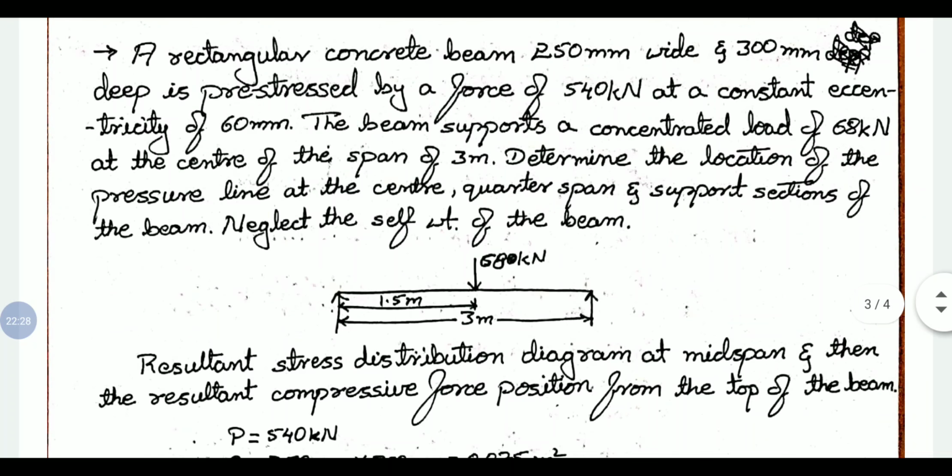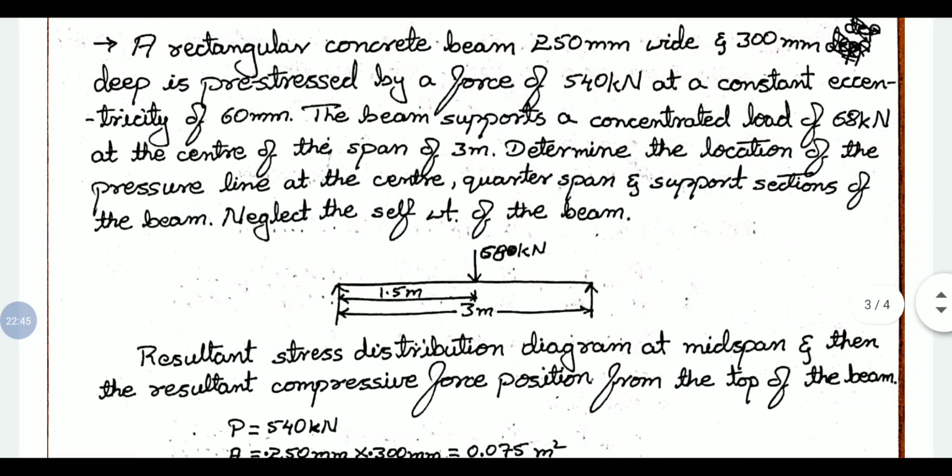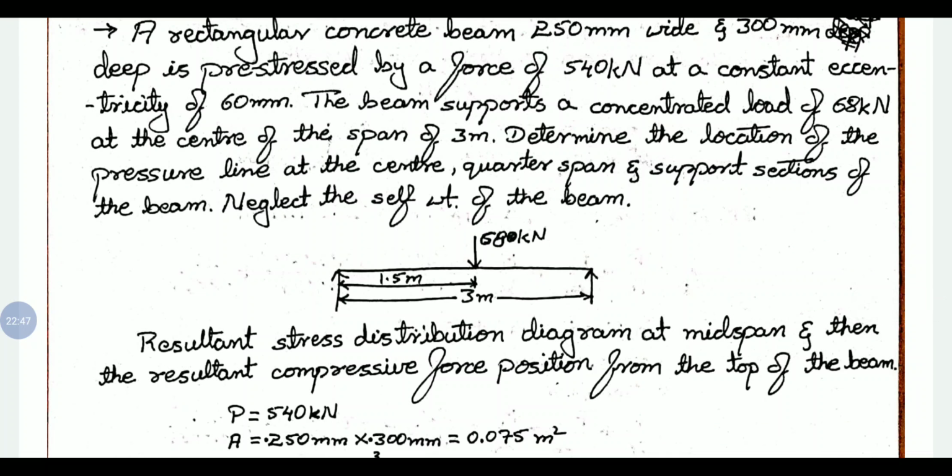So here in this question the cross section of 250 by 300 mm is given, and a pre-stressing force of 540 kilonewton is eccentric pre-stressing with an eccentricity of 60 mm below the centroidal axis. The beam is supporting a concentrated load of 68 kilonewton at midspan.